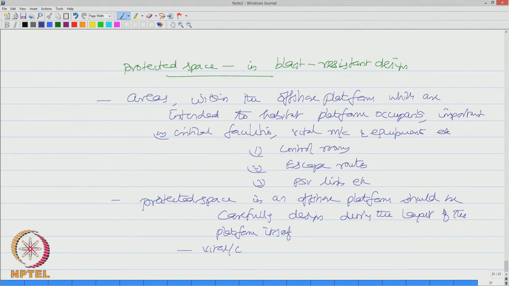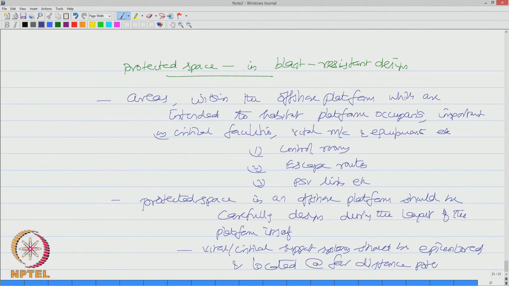Vital or critical support systems should be epicentered and located at far distance from potential spots.